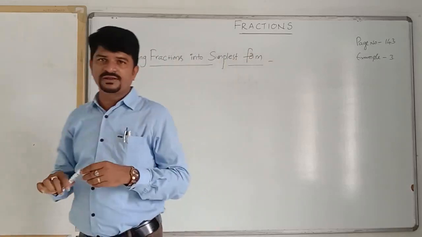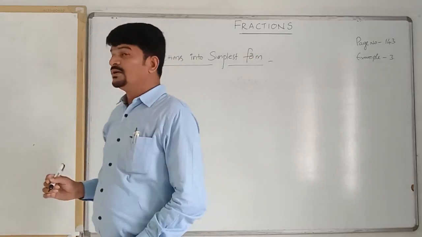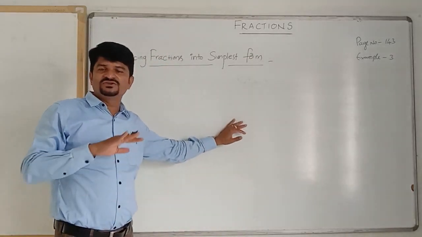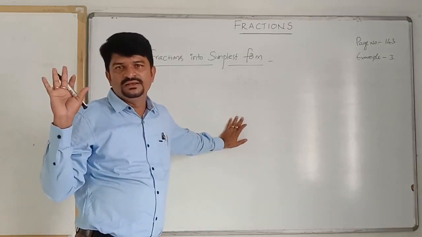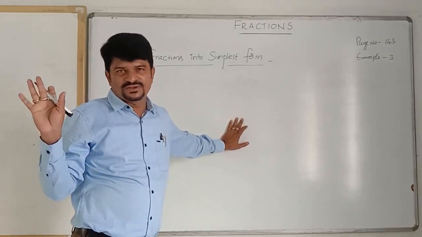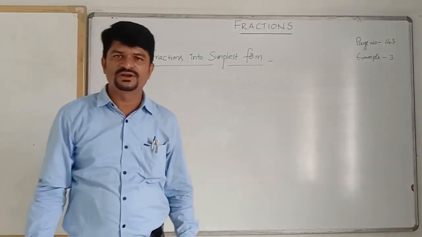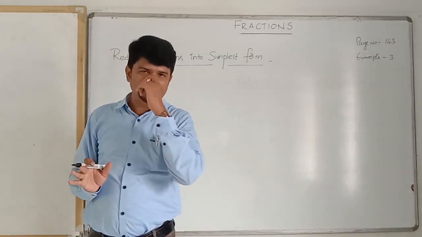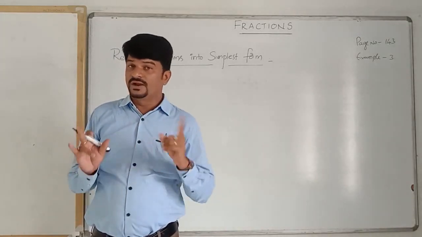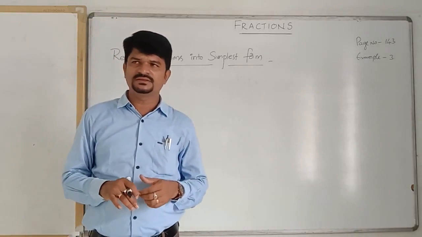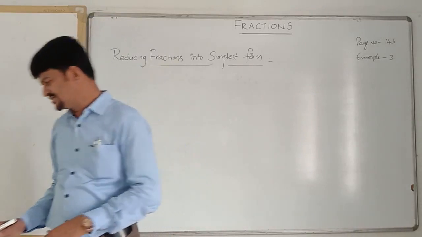Don't bother about this. It's very small, easy. Whenever we are going to reduce fractions, those fractions will never be given in the simplest form. The fraction we must convert into simplest form. Reducing is nothing but converting into simplest form. If you want to convert into simplest form, there must be some simplification.